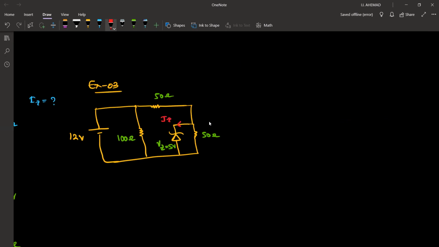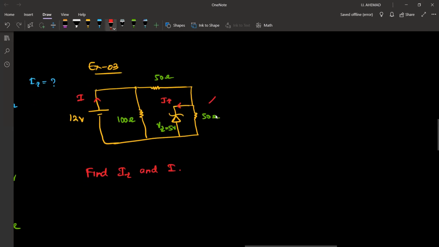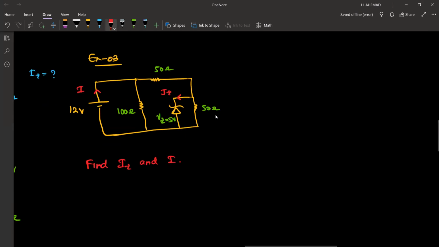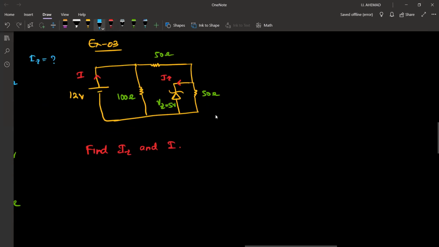Find IZ, I1, and I. First tell me what will be the voltage across these 2 points without the Zener.